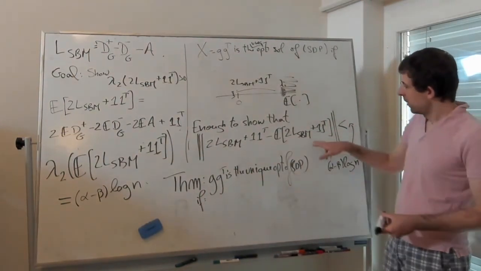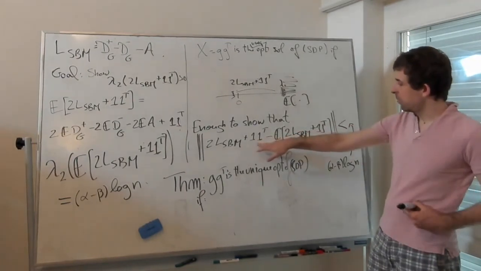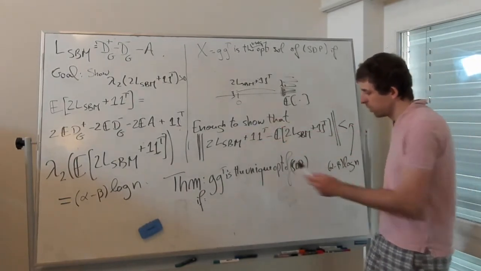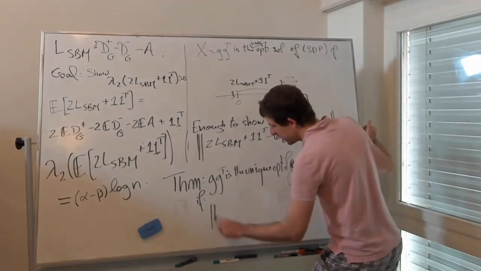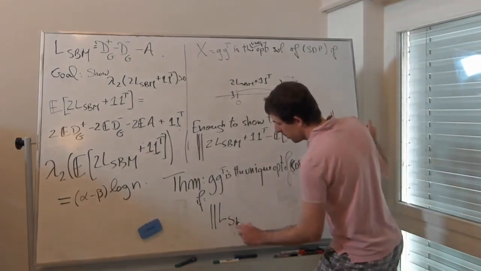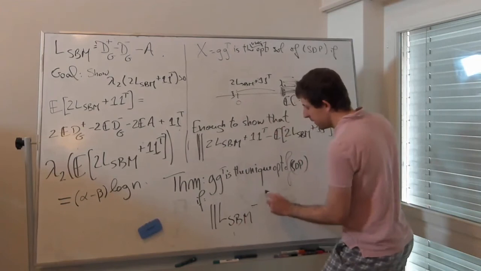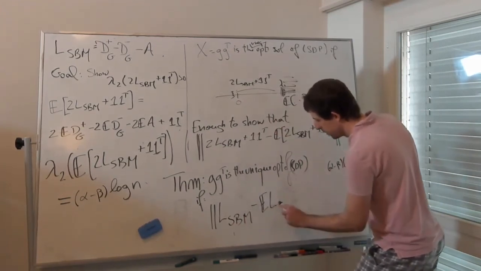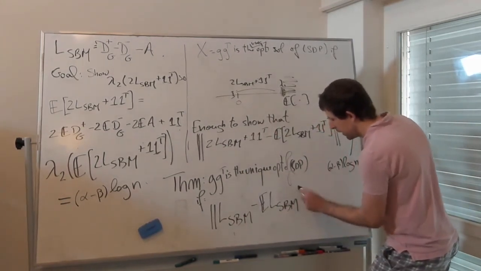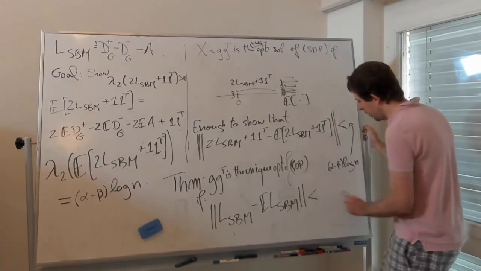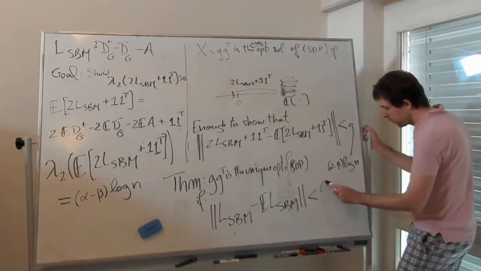But notice the 1 1 transpose cancels with the 1 1 transpose, and the 2 I can push out. So really, all I need to understand is whether L_SVM minus its expectation in spectral norm is smaller than, and now I have to divide by 2, alpha minus beta log n.